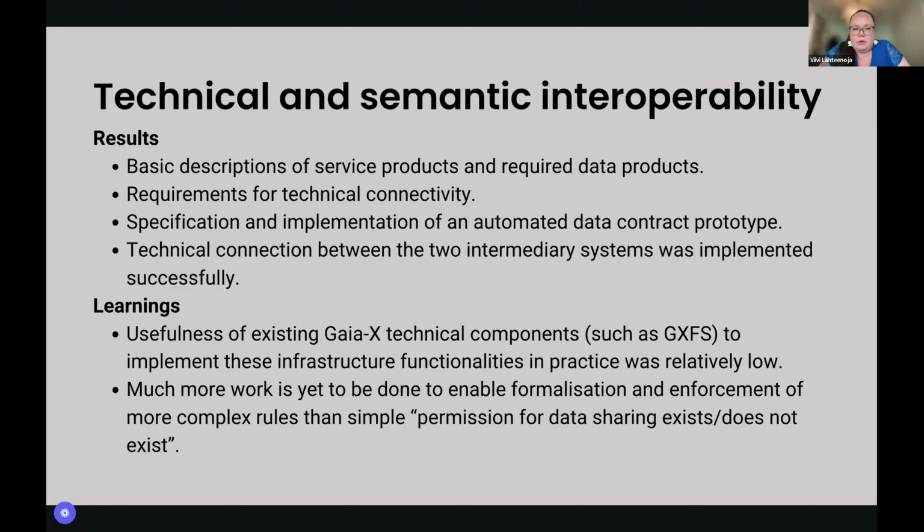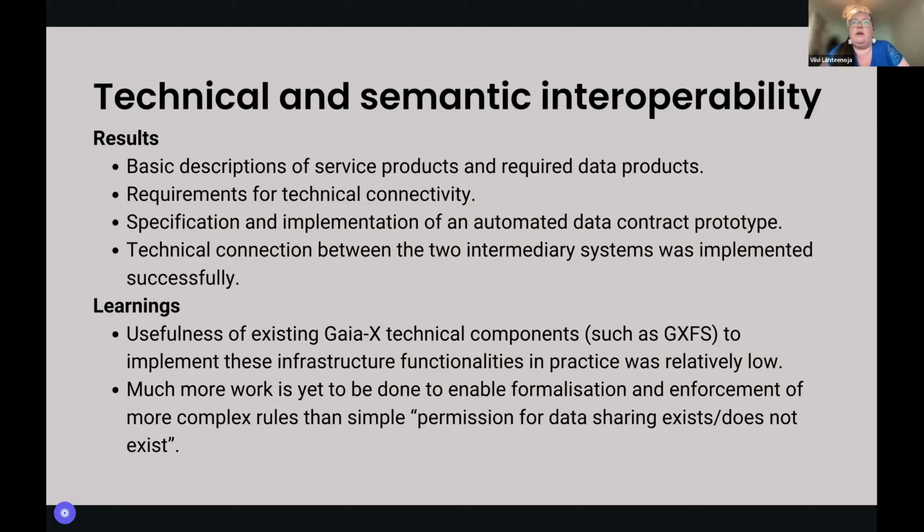We specified and implemented an automated data contract prototype, and successfully implemented a technical connection between the two intermediary systems using a bridge. And what we learned from this work was that the usefulness of existing Gaia-X technical components to actually implement these infrastructure functionalities in practice was relatively low.